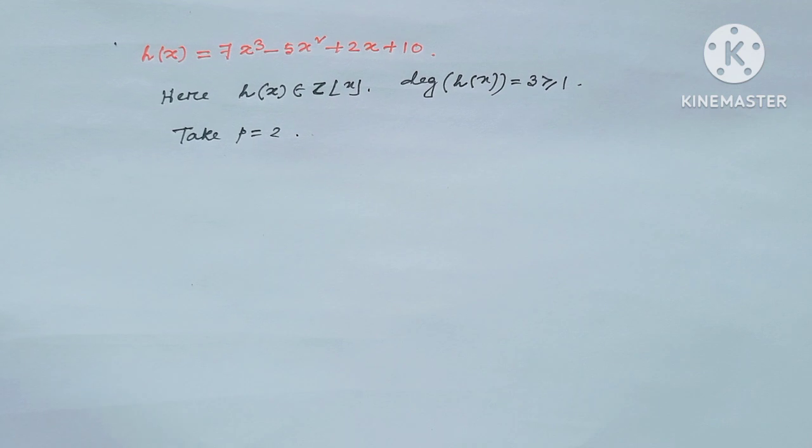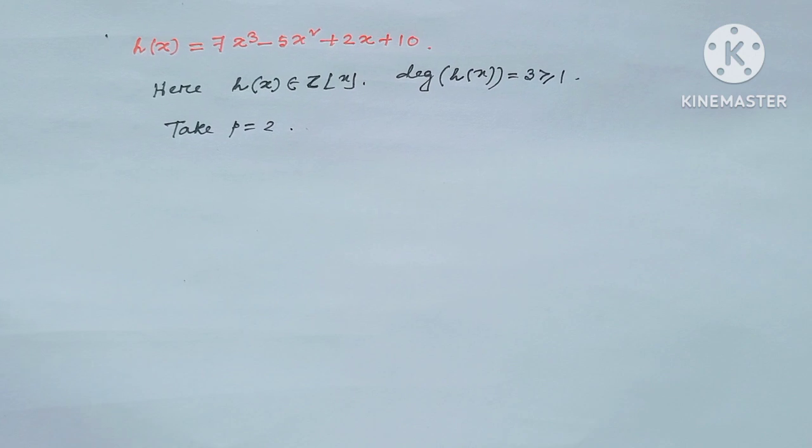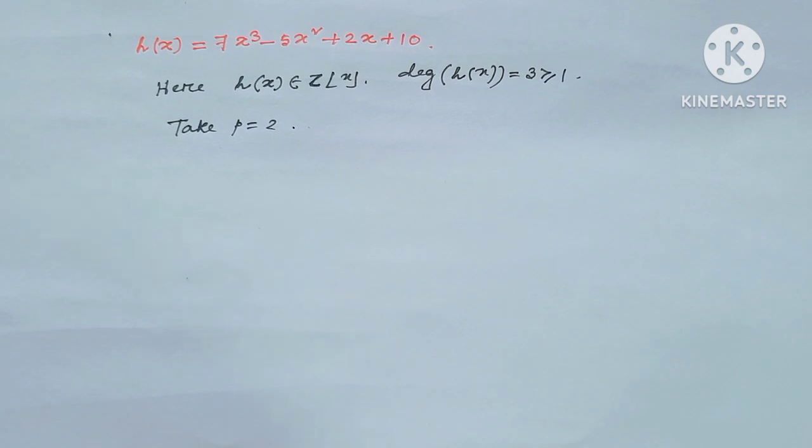As an example, consider h(x) equal to 7x cube minus 5x square plus 2x plus 10.